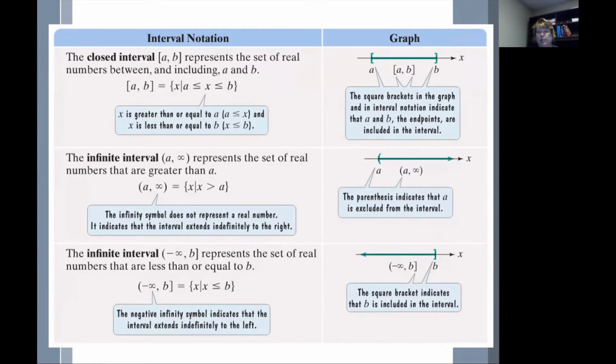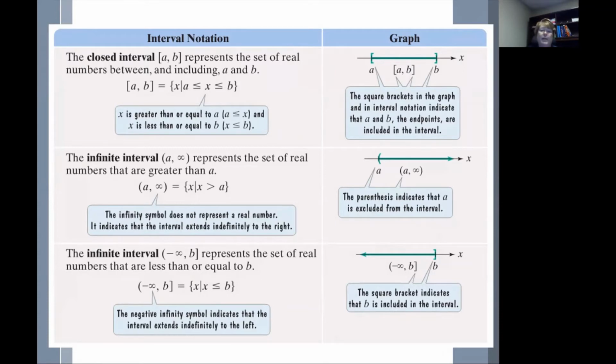We're just showing you the difference between using a parenthesis and a bracket. You could also have this interval where you would have a parenthesis on the B. The same is true for the previous infinite interval. You could have bracket A, comma, infinity. That simply means that point is included in the interval.